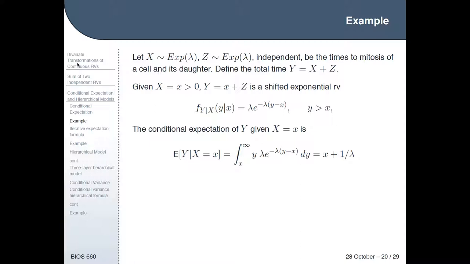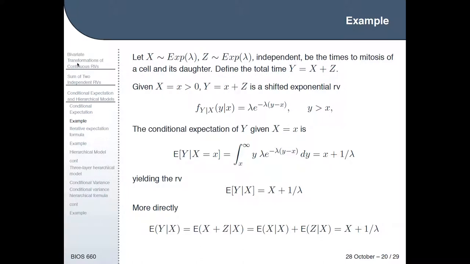So the expected value of their sum is just the value of x that we've already observed, plus the expected value of z. And so if we want to define this in terms of x, then the conditional expectation of y given x is going to be x plus 1 over lambda.